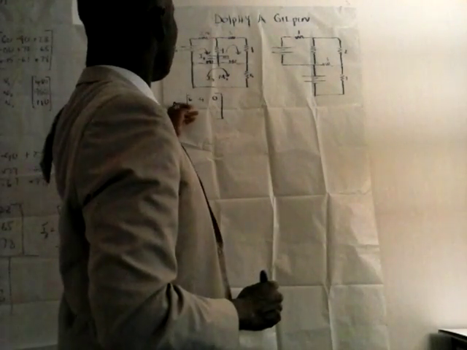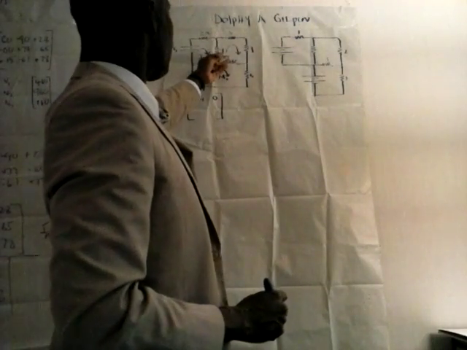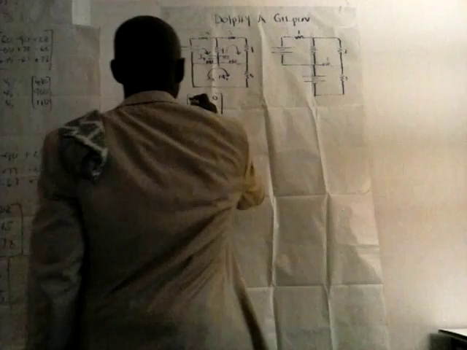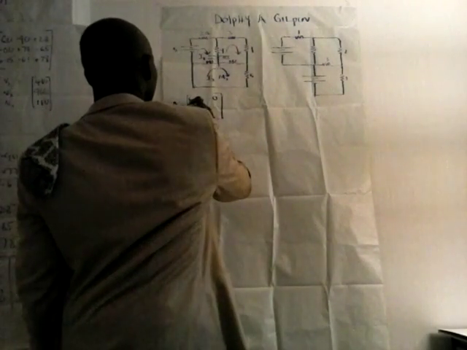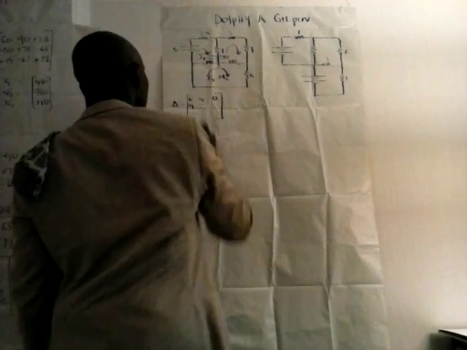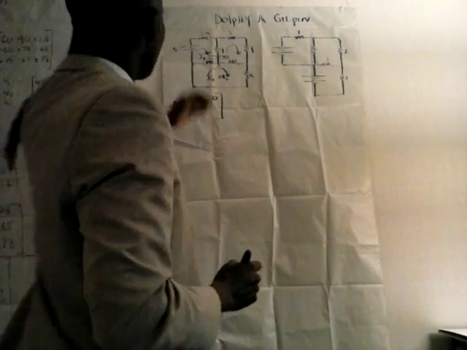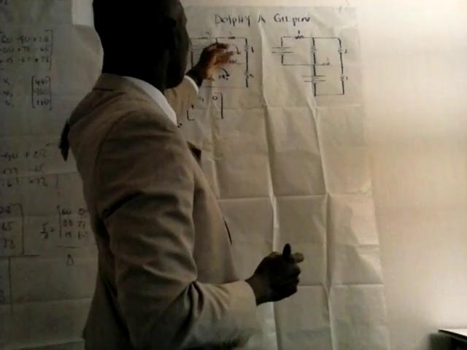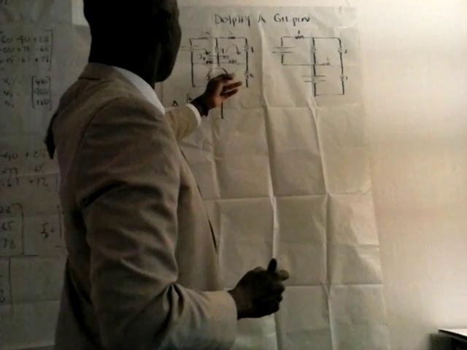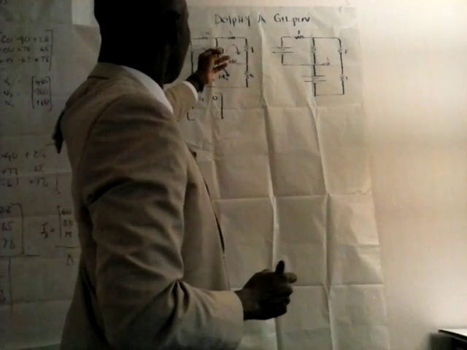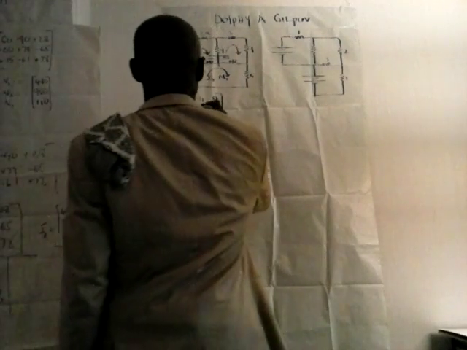R21, resistance in mesh 2, mesh 1, which will be 4 ohms, takes on a negative. R22, resistance common in mesh 2 alone, will be 3 and 1, 4. And 4, 8 ohms.